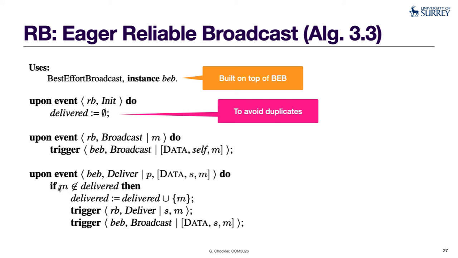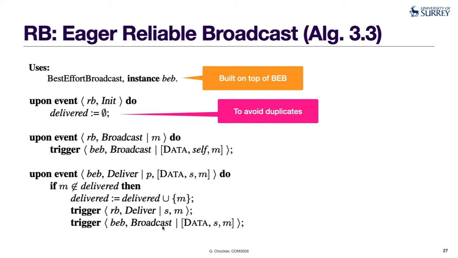Now let's assume that we get a message, and this message was not previously delivered, so it is not at the moment in the delivered set. Here is what's going to happen. First off, we add this message to the delivered set, so next time we get this message, we won't deliver it again, avoiding duplicates. Then we deliver the message to the upper layer, to the application.